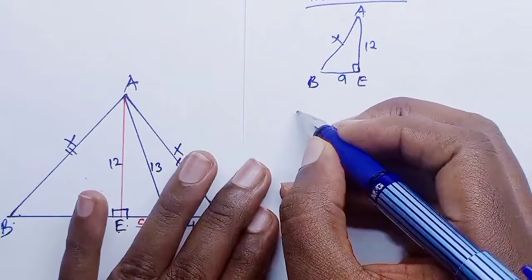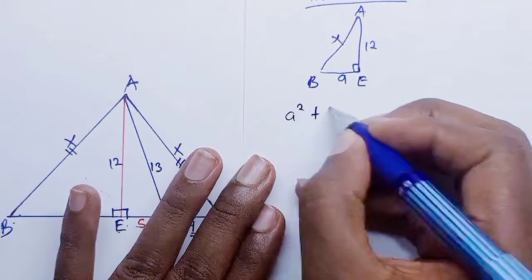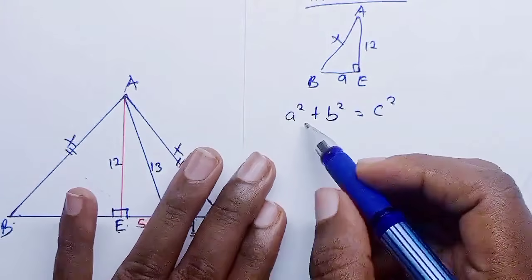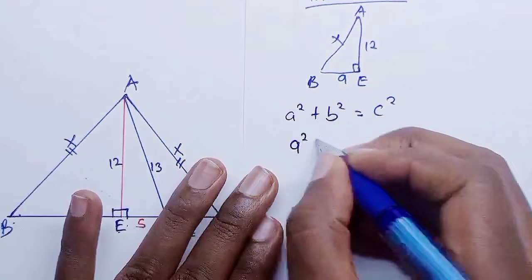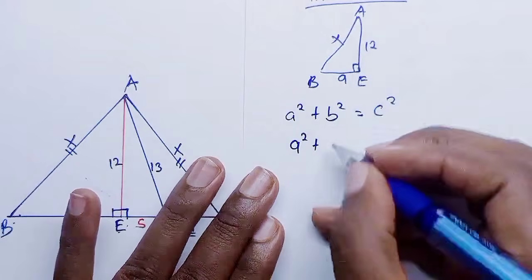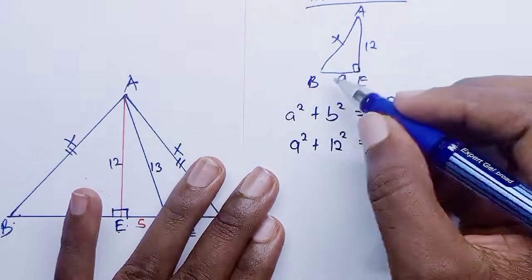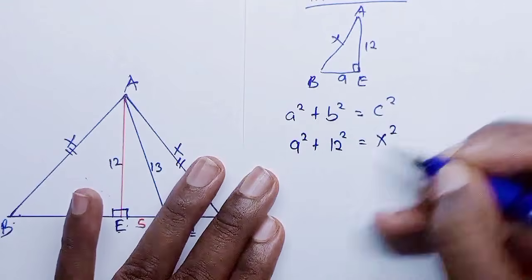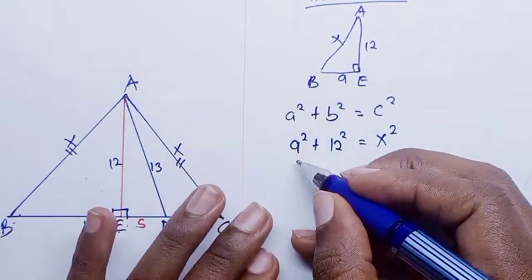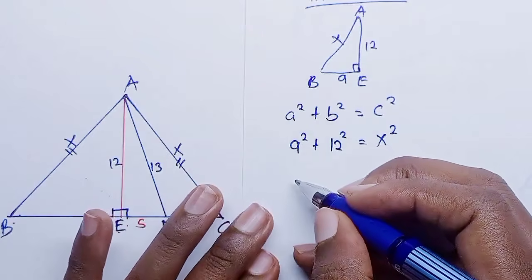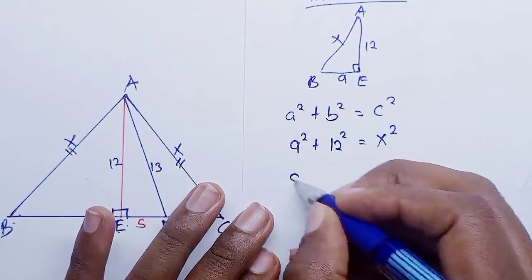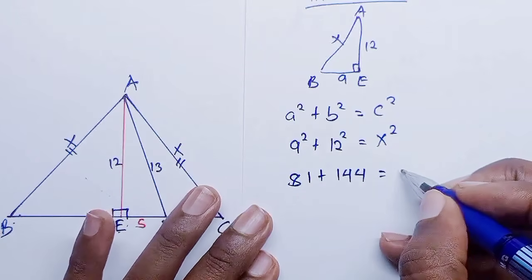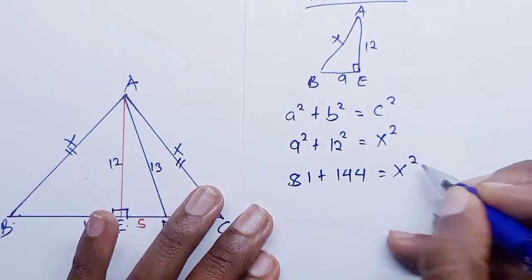So from the Pythagoras theorem, which is a squared plus b squared is equal to c squared. And therefore a in this case is 9 squared plus b is 12 squared is equal to c, which is AB, which is x. So x squared. Therefore 9 squared is 81 plus 12 squared is 144 is equal to x squared.